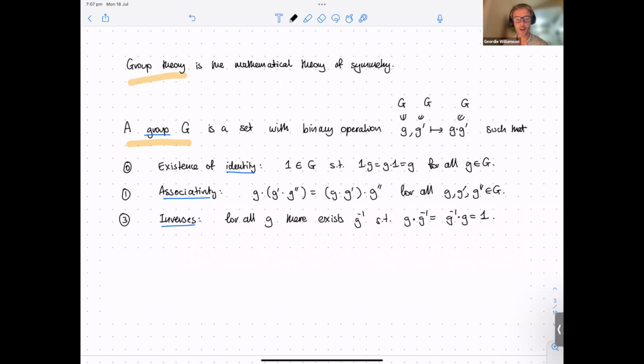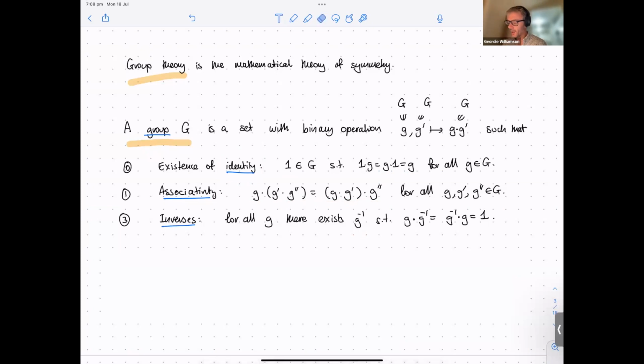So this is our binary operation, our multiplication. And this satisfies three axioms. There's the existence of an element which, when you left or right multiply by that element, does nothing. Our operation is associative, and there exist inverses.